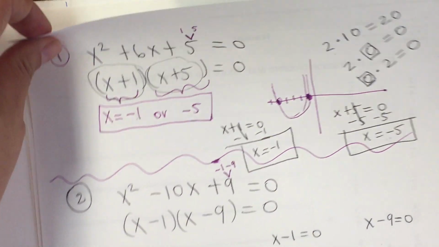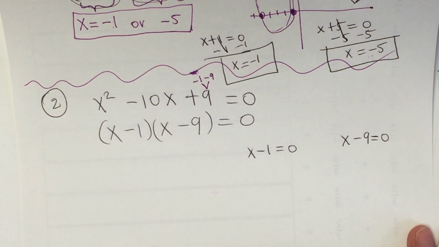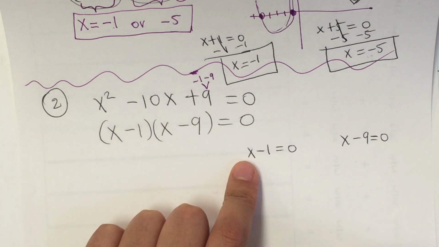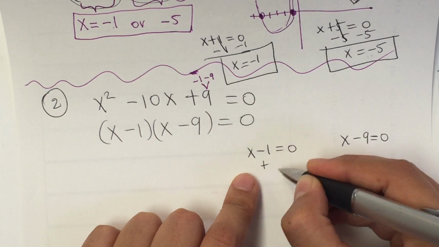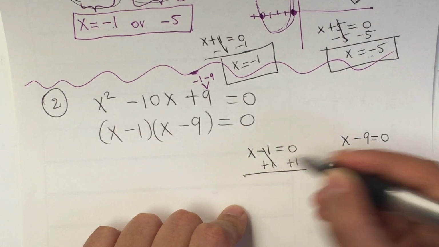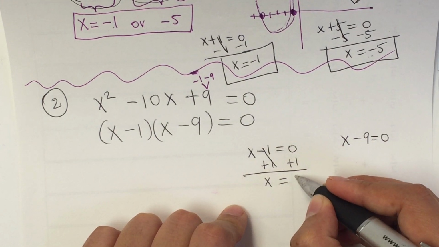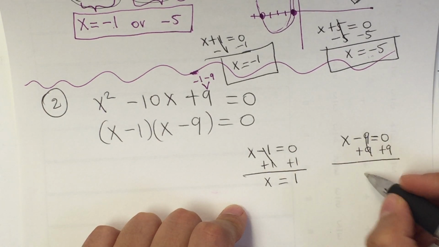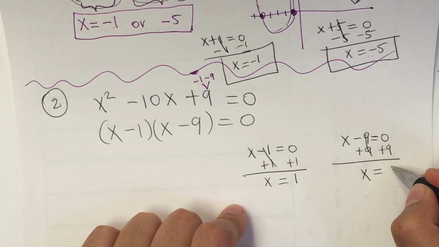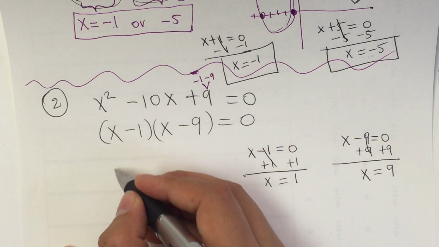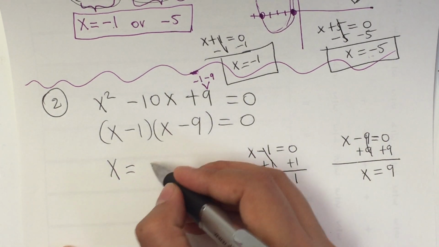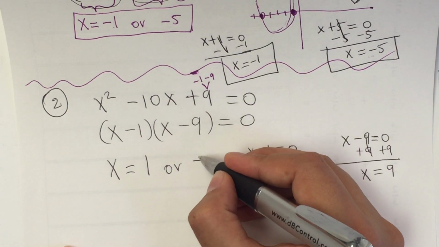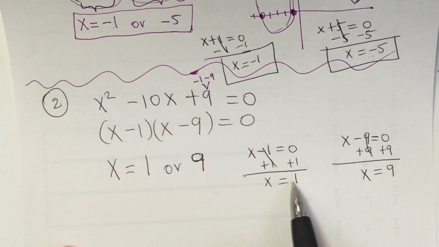Okay, and now once we have those small equations with each one of the factors, we start solving for x. And so x equals 1. We start solving for x, and x can also be +9. So my x is equal to 1 or +9. Okay, these two factors.